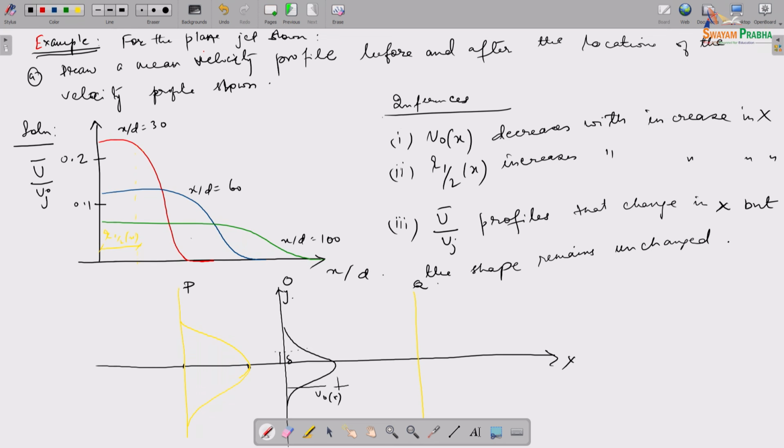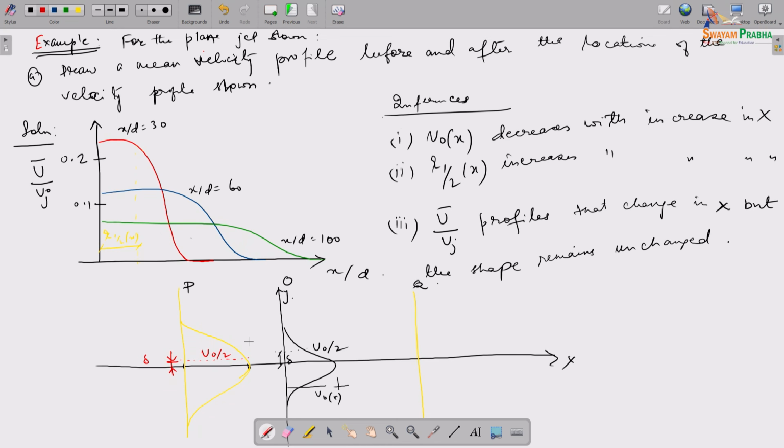This is the location delta where you essentially have half the velocity, and we also found that r half increases with increase in x, which means that at P, r half is going to be larger than what it is at O. So this is my r half, delta, and here we have one half of the centerline velocity.